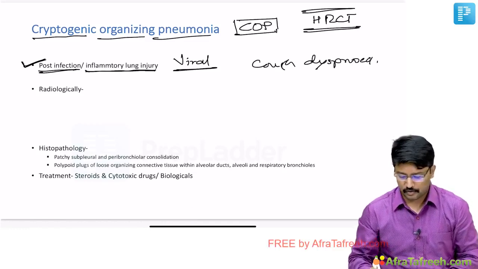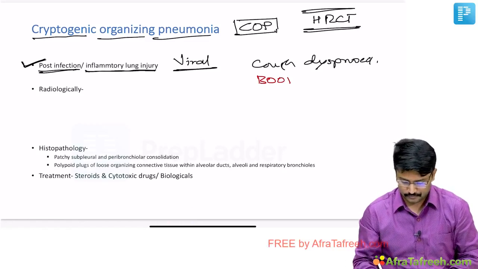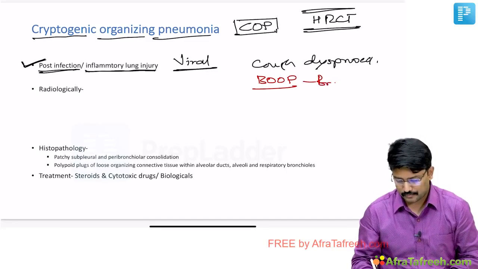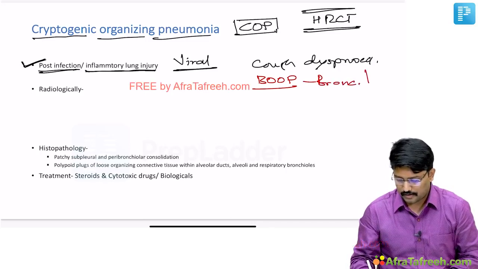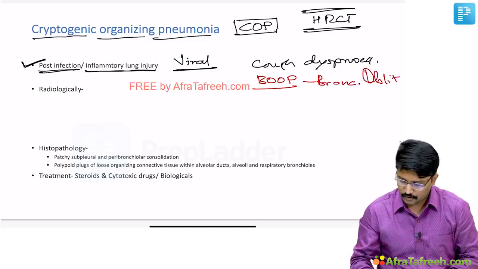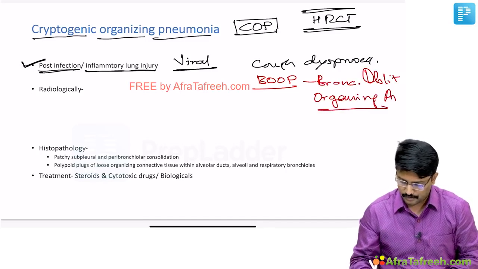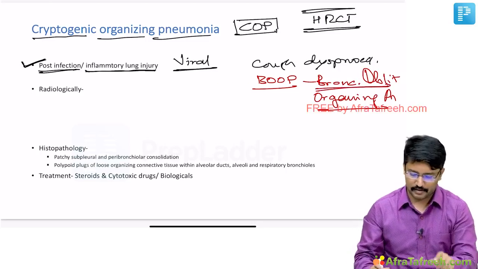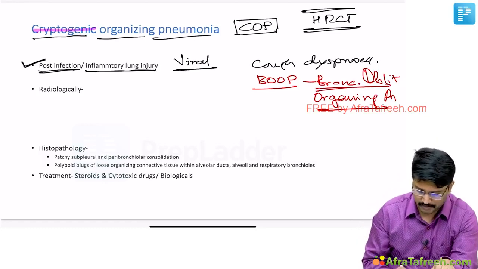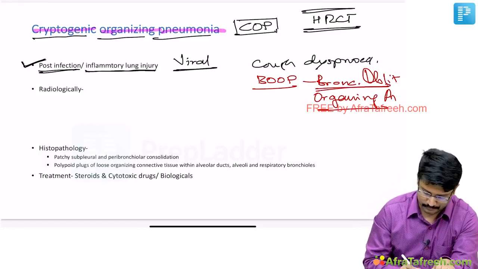Earlier, the same entity was called BOOP, bronchiolitis obliterans organizing pneumonia. But the term is now abandoned, and we address them as cryptogenic organizing pneumonia.